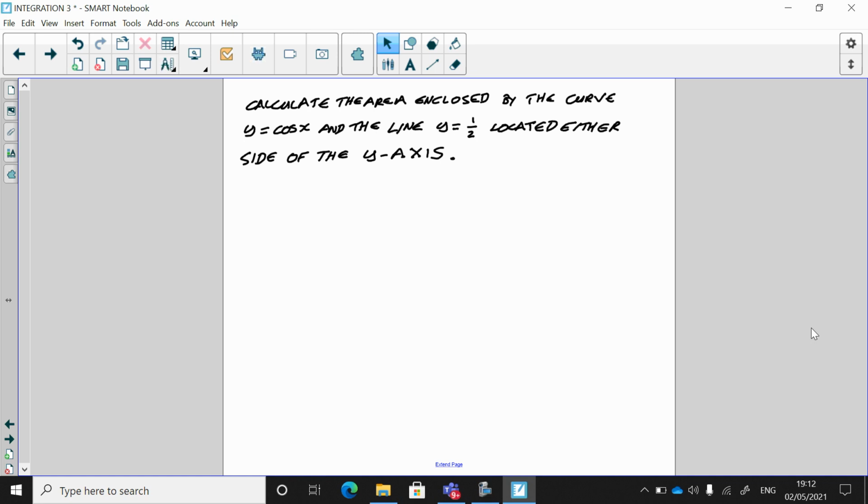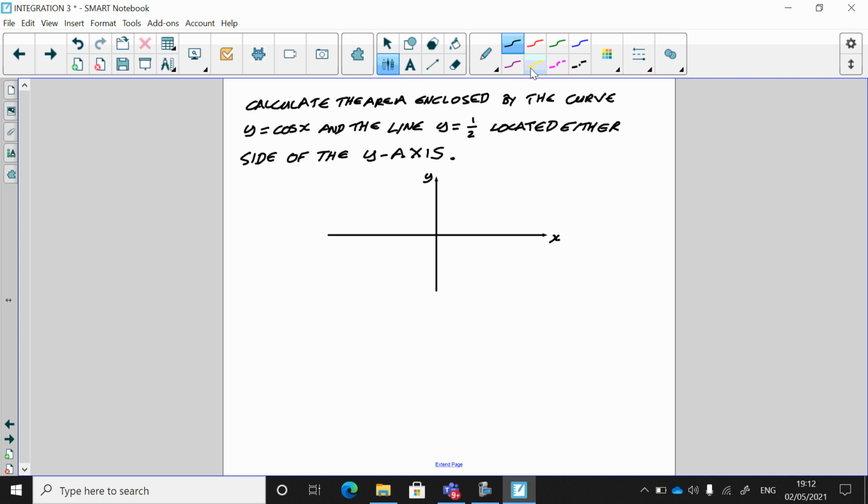But notice here that they're talking about either side of the x-axis about this cosine curve. That's important because cos x is infinite. It just goes on forever and ever. I'm just going to try and emphasize this here. So cos x goes like that.